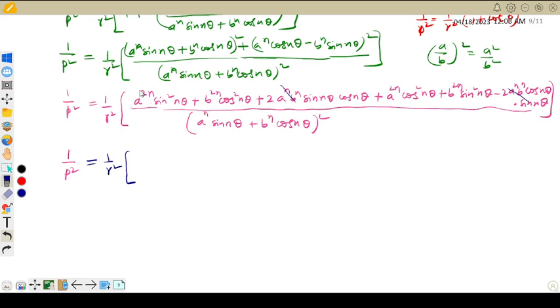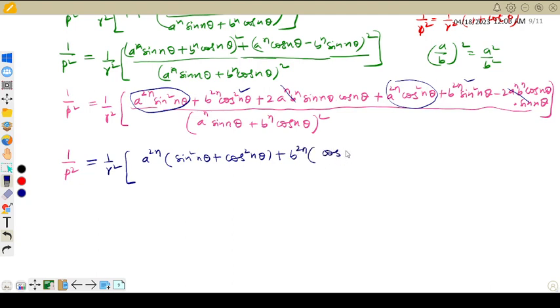And you also observe, look at the first term and this fifth term. In these two, a raised to 2n is common. You will get sin square n theta plus cos square n theta. Similarly, in the second and fifth term, b raised to 2n is common.